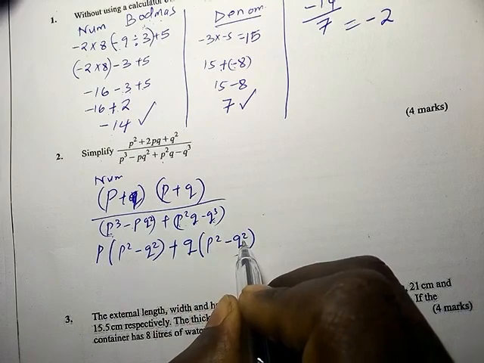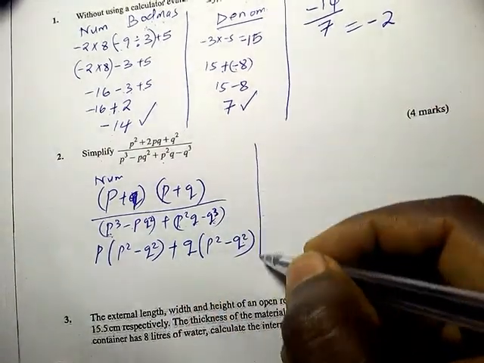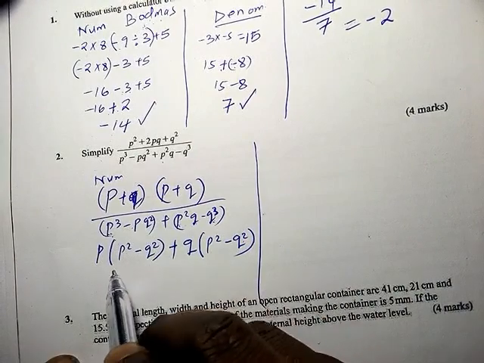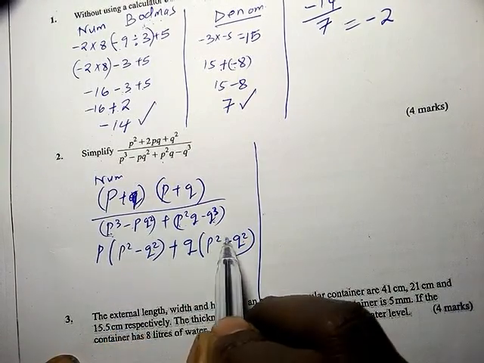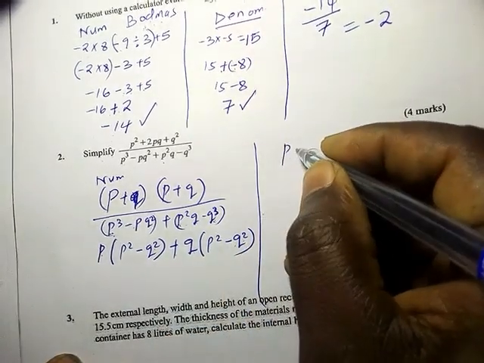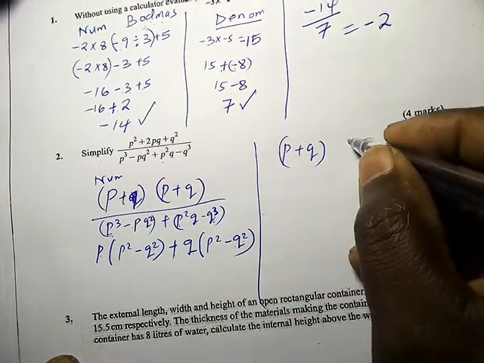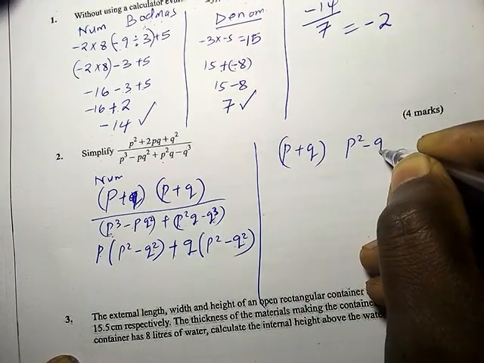Q times Q squared is Q cubed. So in the denominator we can now group them. You see this one and this one, they are the same. So it is P plus Q, and then you pick one of these, which is P squared minus Q squared.